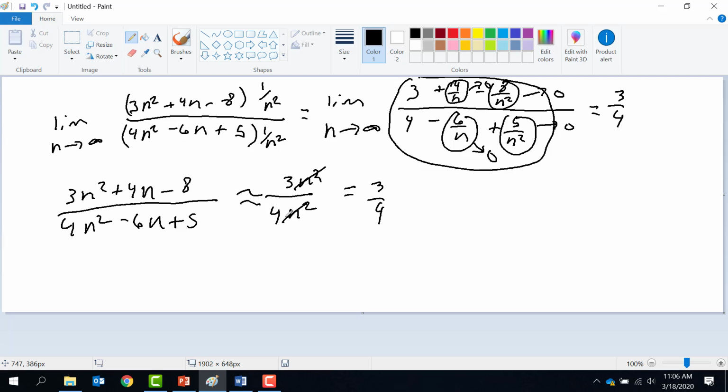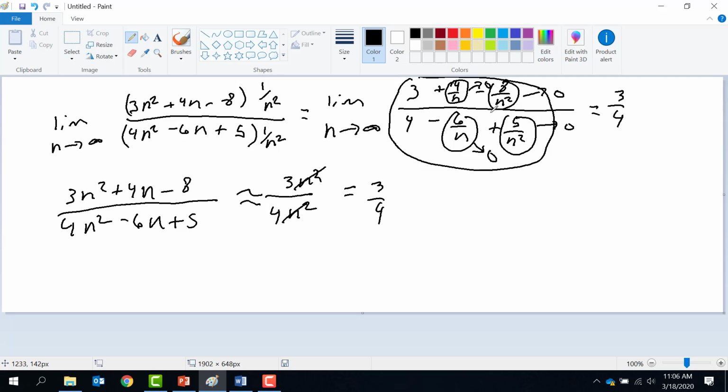So there are some results there that you can use from throughout the class. But what we're really going to use today is that when you have a fraction of two expressions, you can forget pretty much all but the fastest growing terms. We have 3 terms here, and we can pretty much forget about the 4n and the minus 8 in the numerator and the minus 6n and plus 5 in the denominator, and just look at the 3n squared over the 4n squared, which gives us this 3/4.